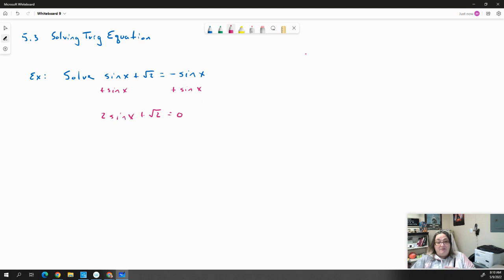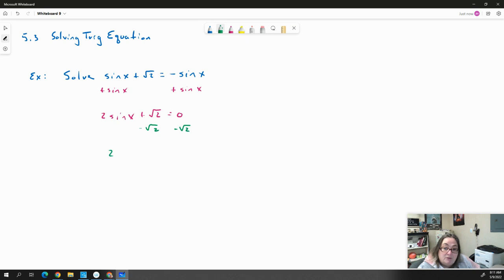And now we're going to start working off that sine of x, right? We're going to start taking off everything that's being done to it a little at a time, just like we would if we were solving an equation for x in algebra. So the first thing I would do is do whatever's being added or subtracted from it. We've got this plus radical 2. I'm just going to subtract radical 2 from both sides.